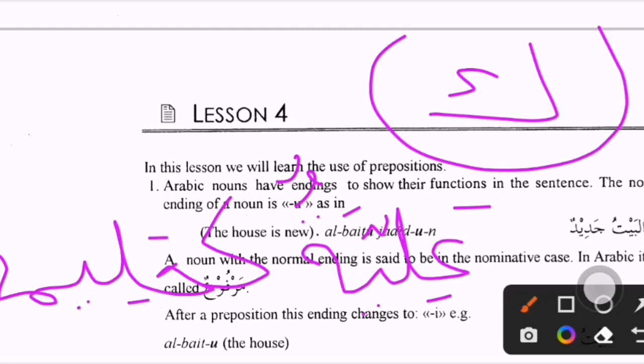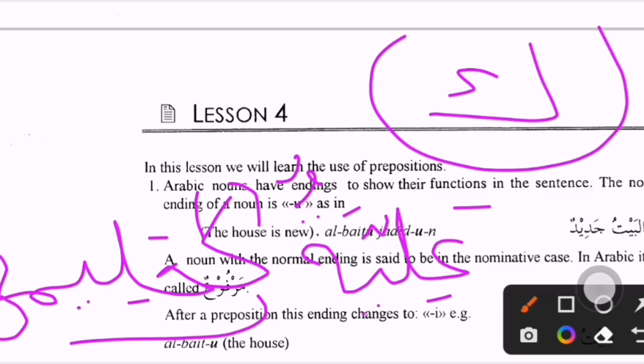So what actually affected the ta here is the kaf. The kaf there has affected the ta, changing the basic haraka on the ta to kasratan. So the work of the kaf here is to show likeness.